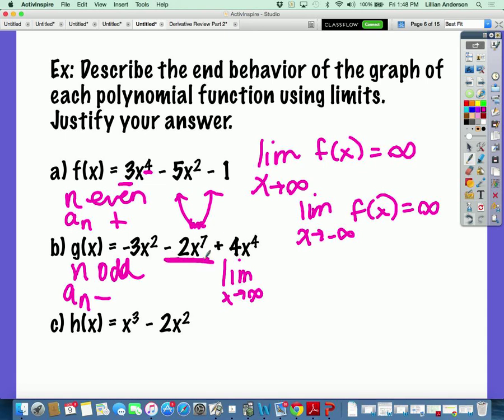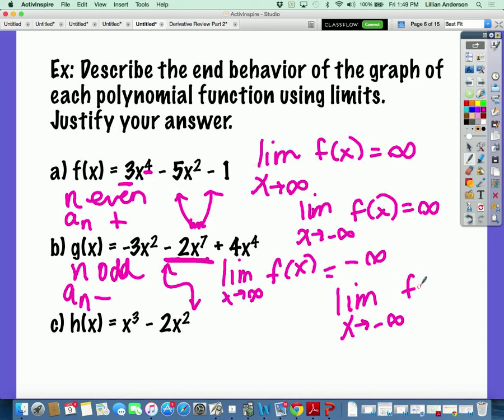So make sure you're looking at the entire polynomial. So then, the right end behavior is going to be what? What's the right end behavior? It goes to negative infinity. So basically what's happening on the right side of it is going to negative infinity. What's the left end behavior? Positive. So it is positive.